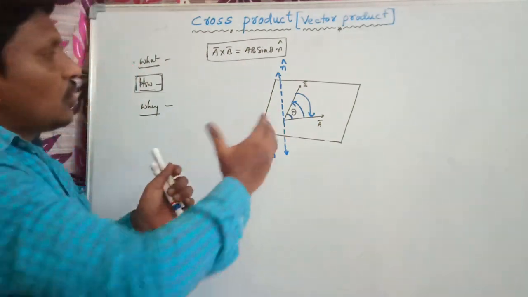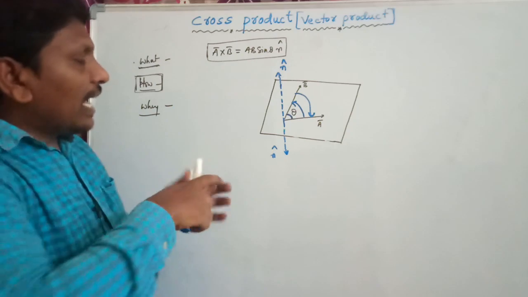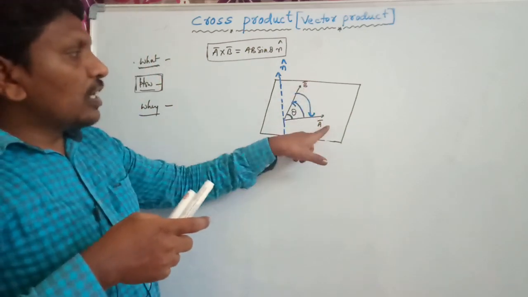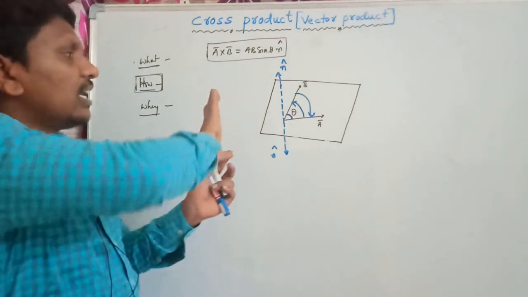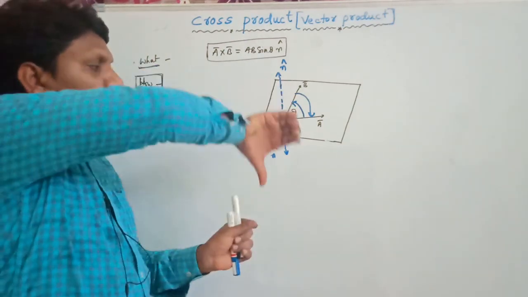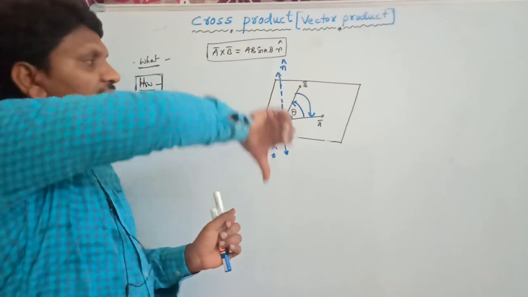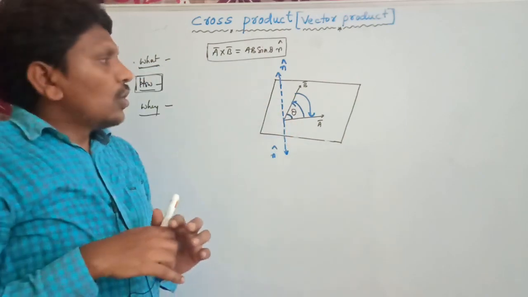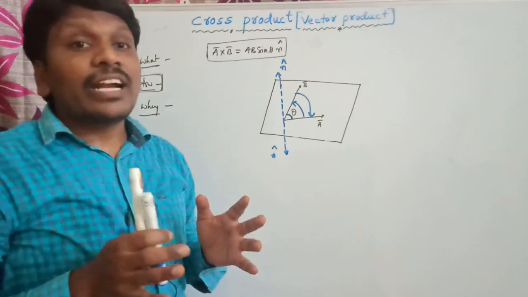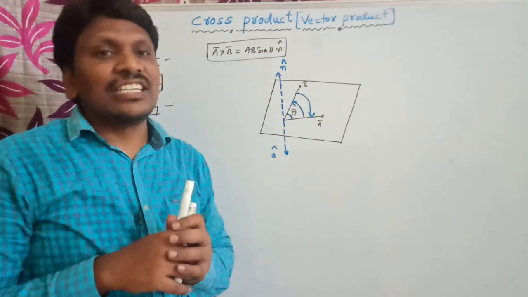If you find the angle between the two vectors from B bar to A bar, as it is moving like this, the resultant vector is in a downward direction. From that we can understand that the vector product has a specific direction.